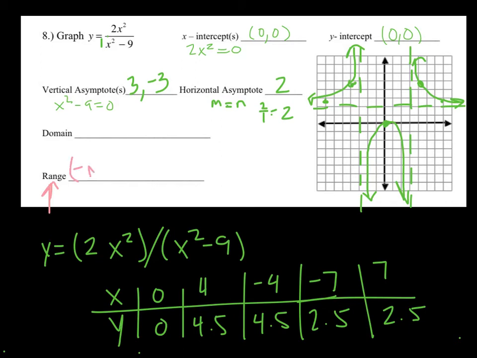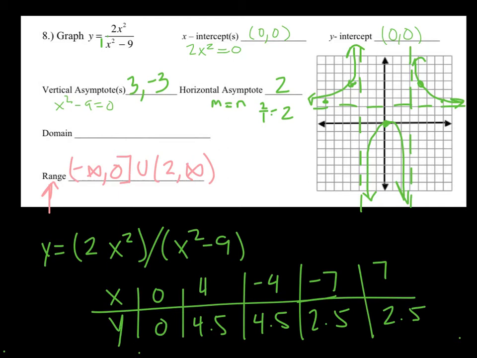So it will go from negative infinity to that point of 0. And then the next place where your graph shows up is at 2, where that asymptote is. So it's going to get as close to 2 as possible, and then it's going to continue up.